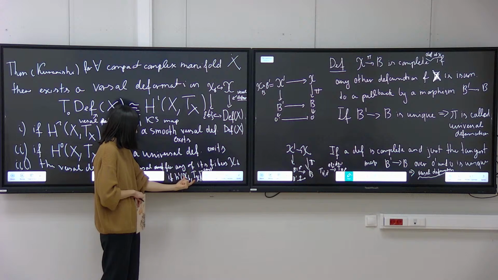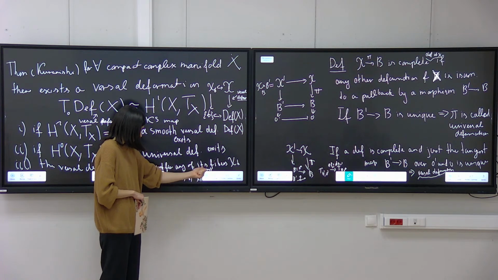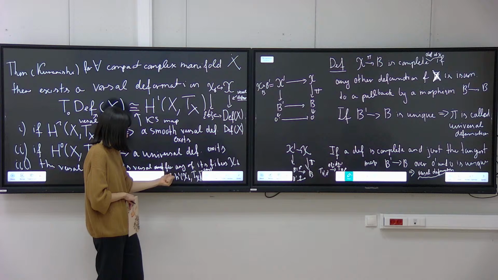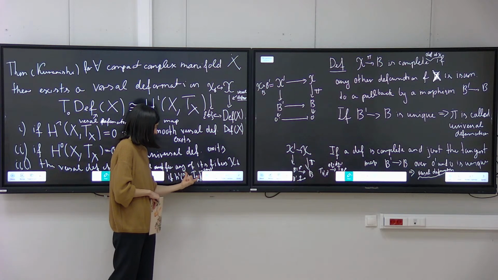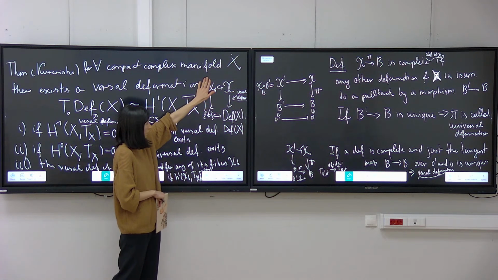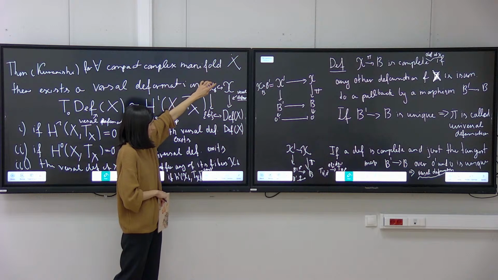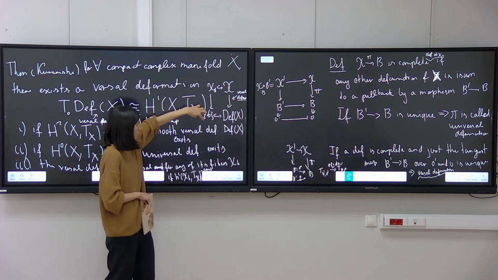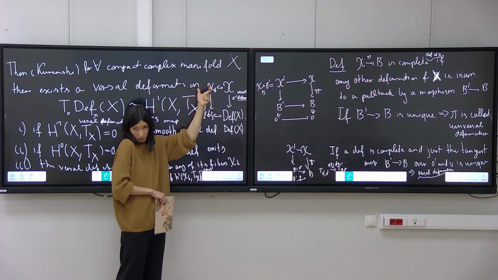So we always have upper semi-continuity locally. Maybe the claim is that if it's constant in some neighborhood, then in this neighborhood our deformation will give versal deformations of all fibers in this neighborhood.